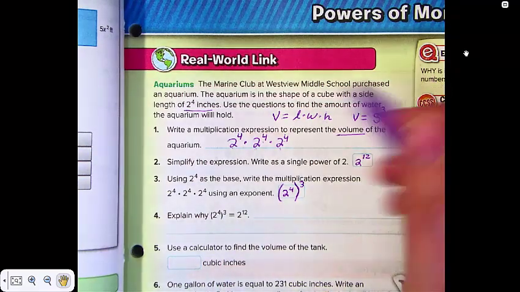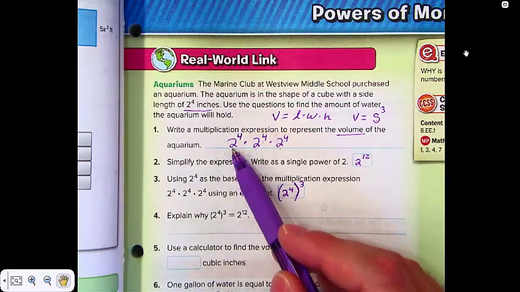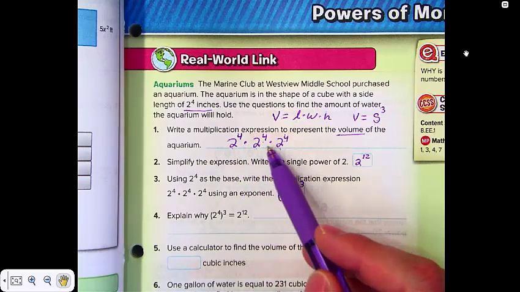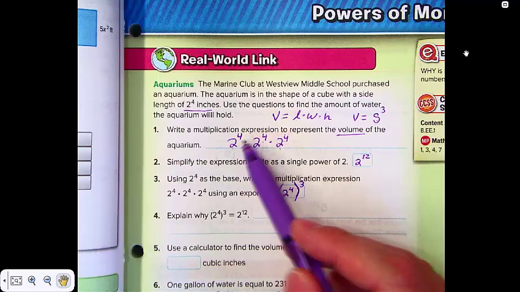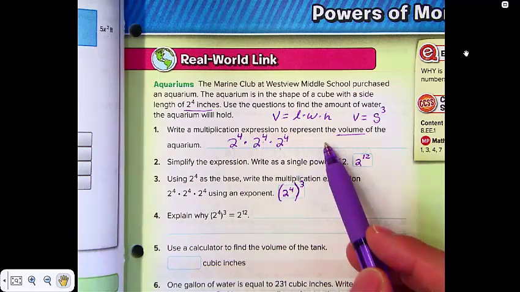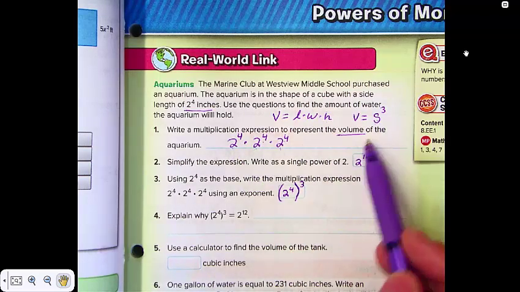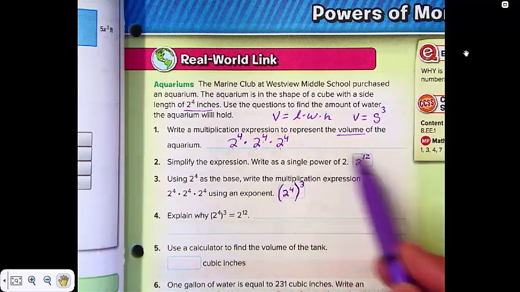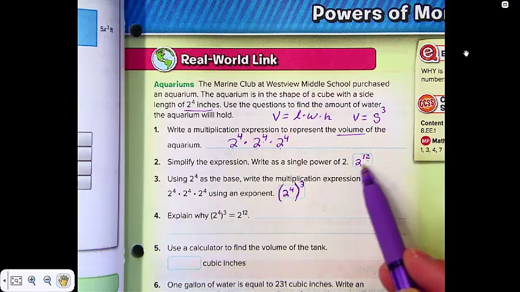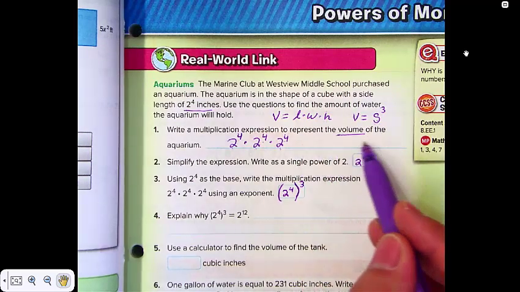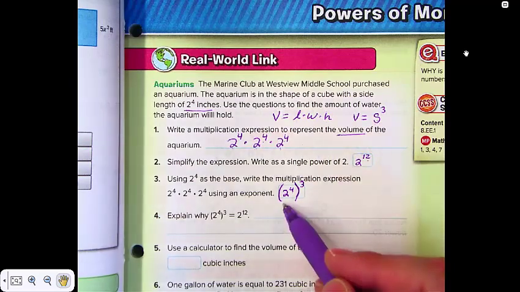Well, basically what you saw here is that if we were to multiply all of this out, one of these 2's to the 4th power is like 4 2's. So we have 4 2's, then here we have 4 2's, and then here we have 4 2's, for a total of 12 2's, all being multiplied together. So that's how we get 2 to the 12th power, because if we listed it all out, we'd have 12 2's.